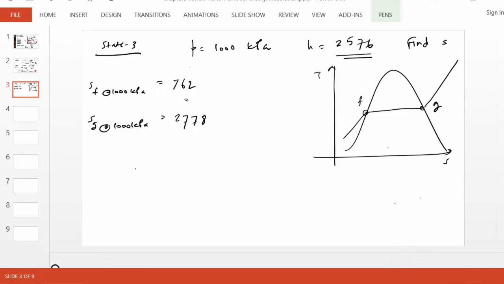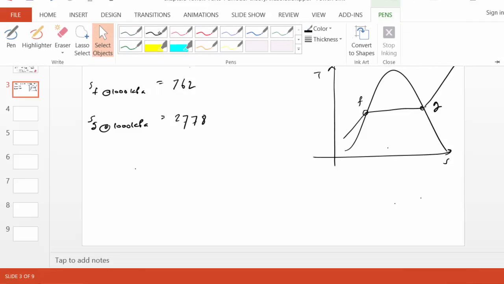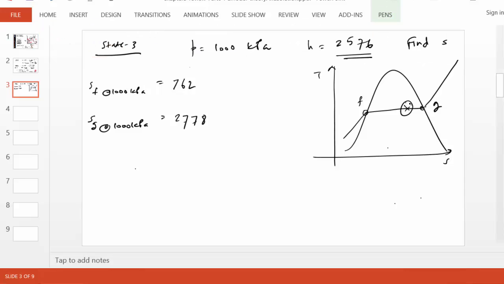Notice 2576 is bracketed by these two values, so obviously somewhere here would be our state. So this is our state 3. To pin it down, we can calculate the x value, because we know h would be what? 1 minus x times hf. Sorry, these are not entropies, these are enthalpies.